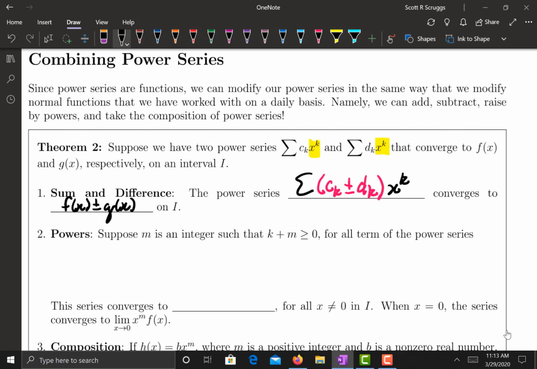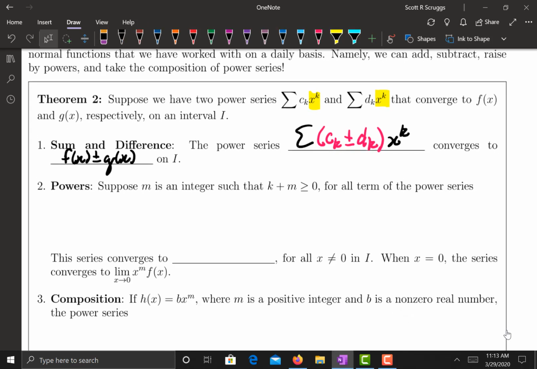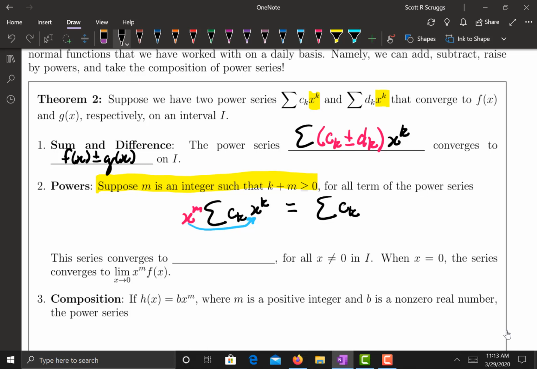Now for powers. Let's say that in this scenario I have the sum of c of k, x to the k, and on the outside I have x to the m power. The first part of this theorem says I'm supposing m is an integer such that k plus m is still non-negative, so that I can move the x to the m inside my power series to give me c of k x to the k plus m.